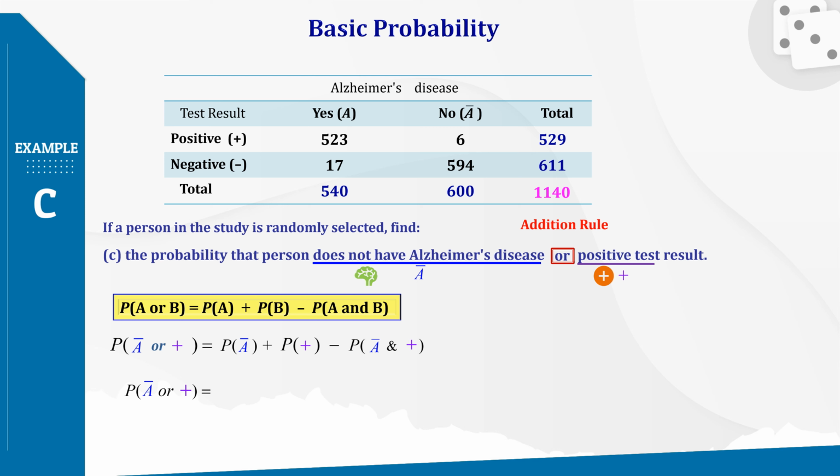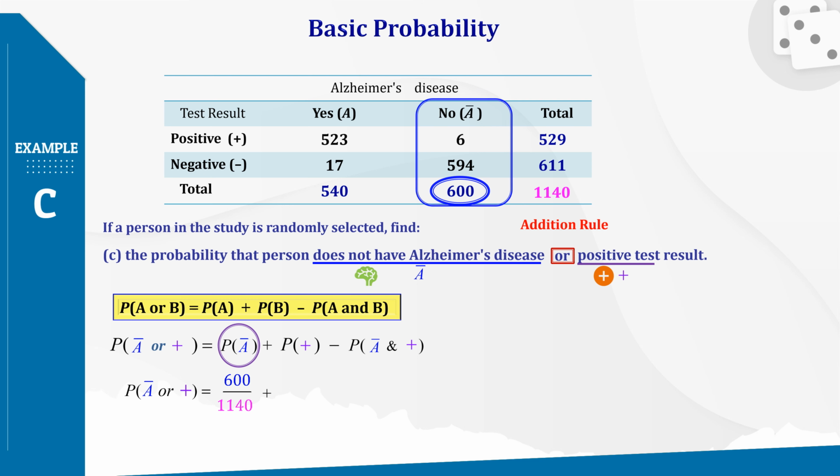If we look at the first one, it is a marginal probability since we see only one letter, not A. So, first find the total number of the no Alzheimer's disease column, which shows 600. Place a value on the numerator and place the total cases of 1140 on the denominator.